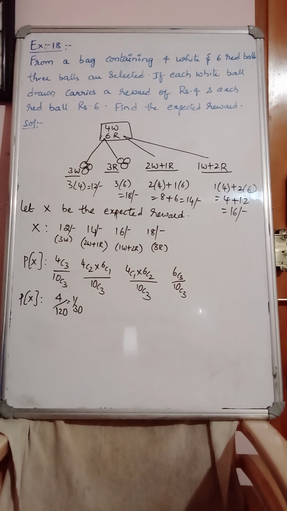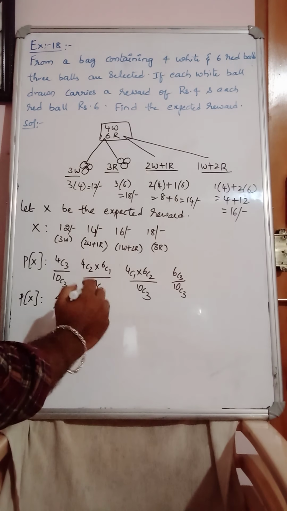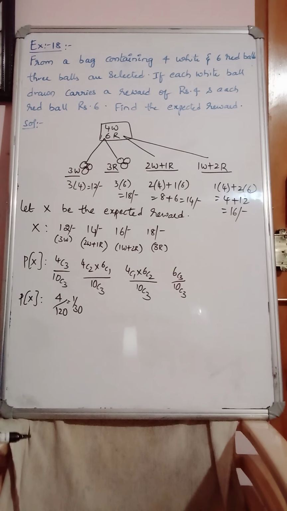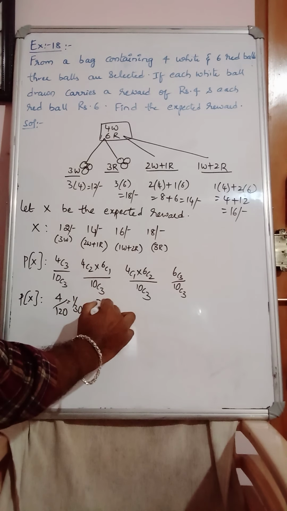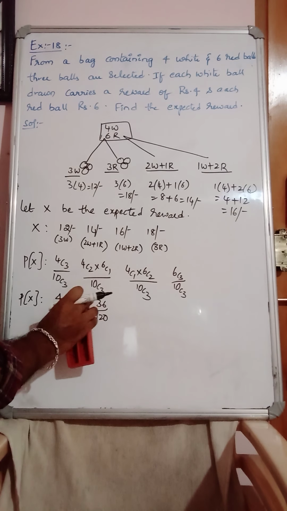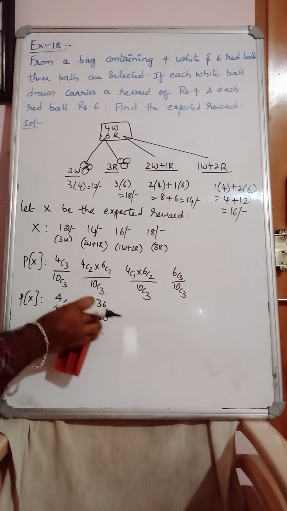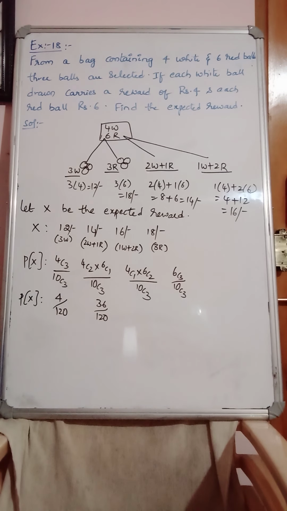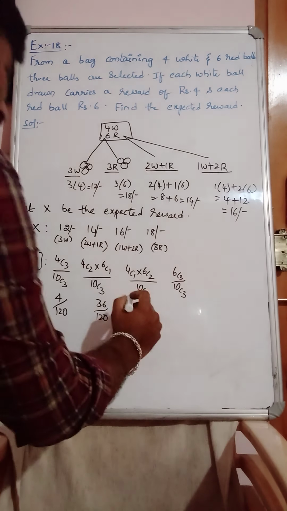Next, 4C2. 4C2 means 4 into 3 by 1 into 2. 2 threes are 6. 6 into 6 is 36. 36 by 120. The first one is 4 by 120. Next one is 36 by 120. Next, 4C1 is 4, into 6C2. 6C2 means 6 into 5 by 1 into 2. 3 fives are 15. 4 into 15 is 60. 60 by 120.